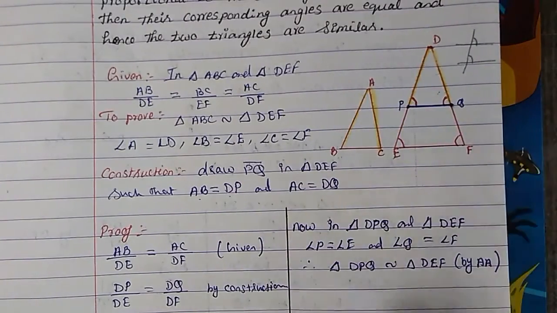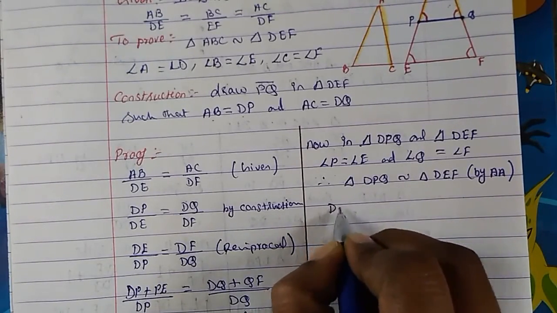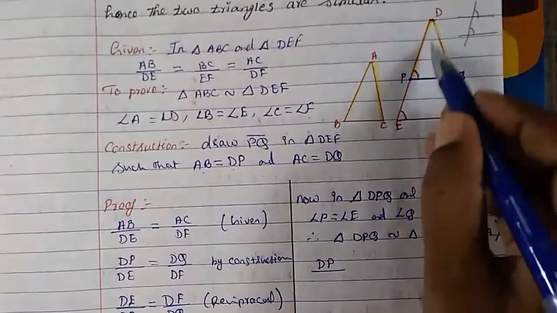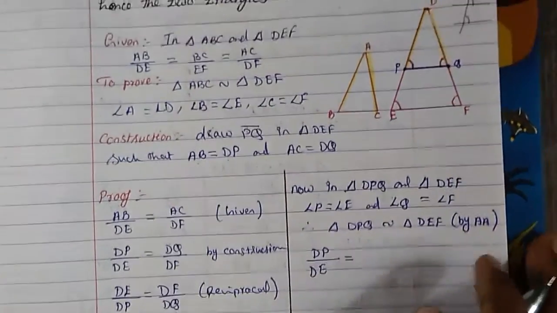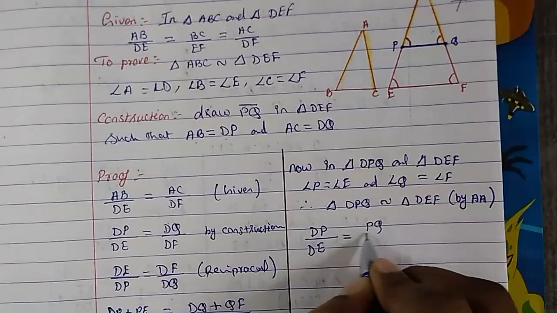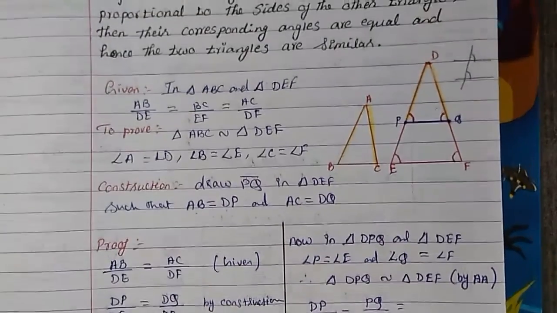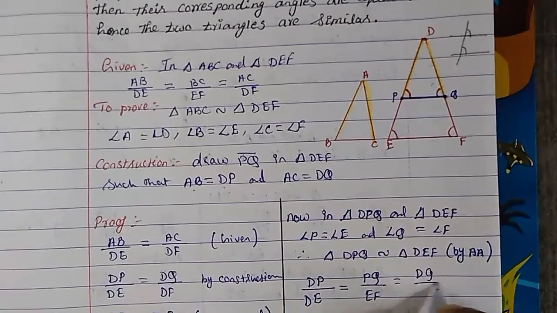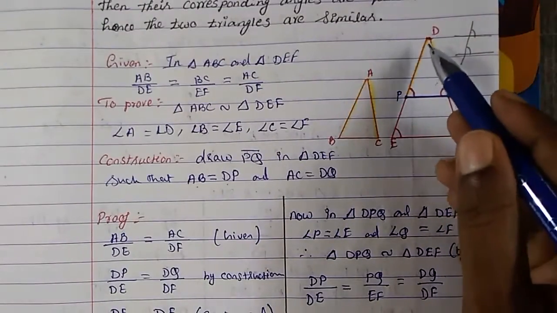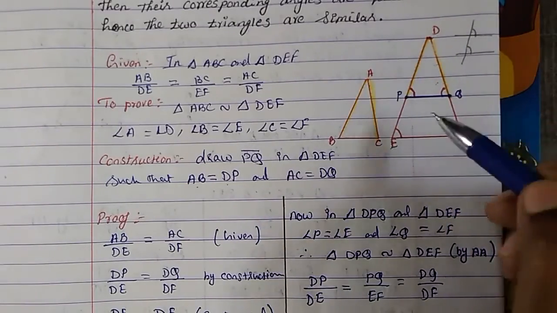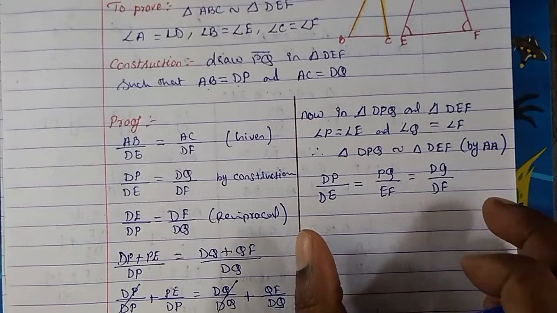So DP upon DE is equal to PQ upon EF, which is equal to DQ upon DF. Whenever two triangles are similar, the ratios of corresponding sides are equal.